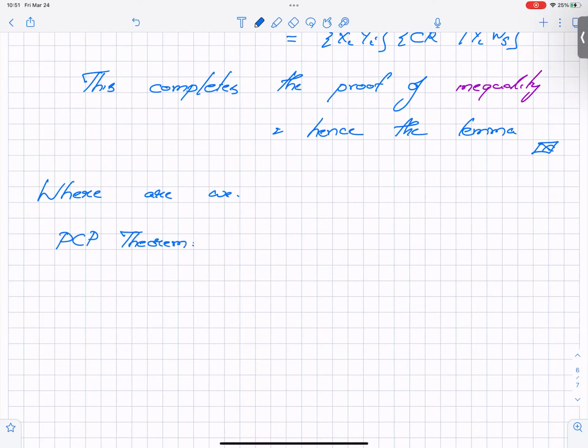One way of stating the PCP theorem is: there exists a constant epsilon 0 between 0 and 1. This constant is something like 0.999 or something.